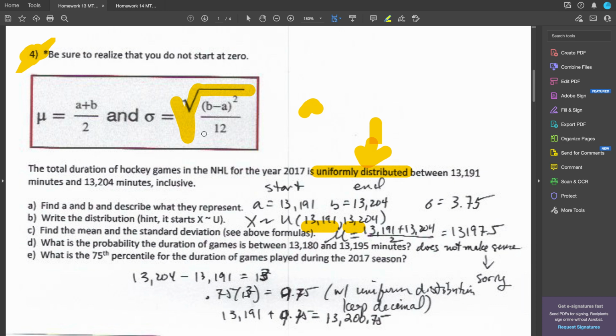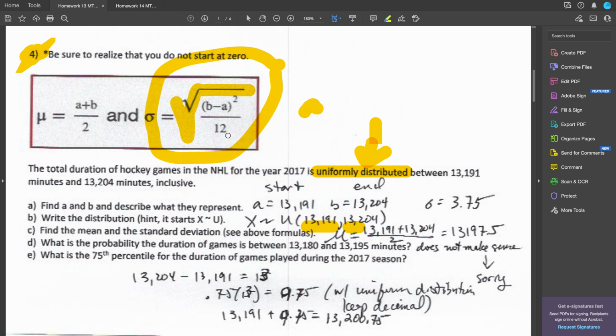Now, as far as the standard deviation goes, I didn't really have room to show work. So I just wrote what the answer was. But the way you're going to do it is you're going to do the B value minus the A value. So it'll be 13,204 minus 13,191. Then you're going to square that. Okay? Then you're going to divide it by 12 because here we are with the standard deviation formula.